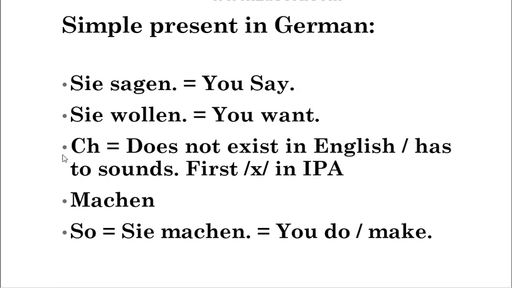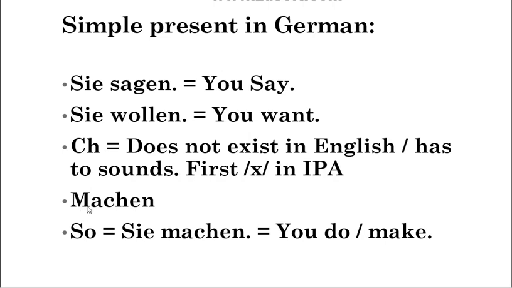And now the combination of CH in German actually has two pronunciations, but this sound does not exist in English. If you refer to IPA, you're going to understand about the pronunciation of ch, which we have in the verb machen.